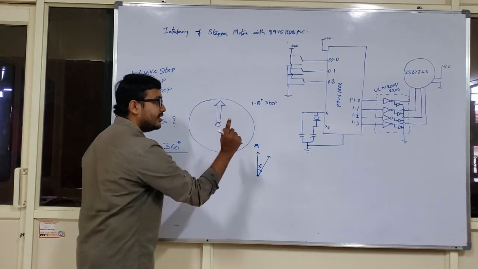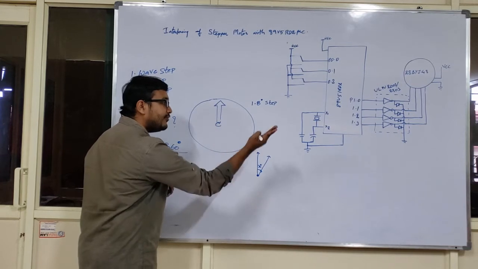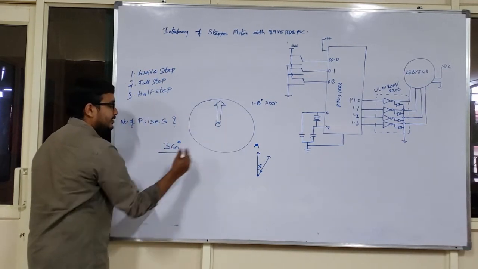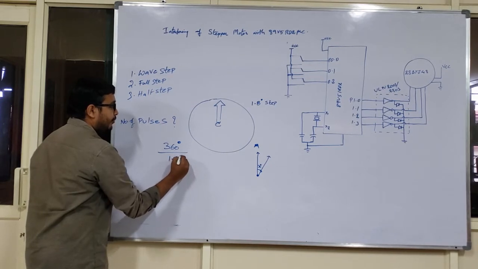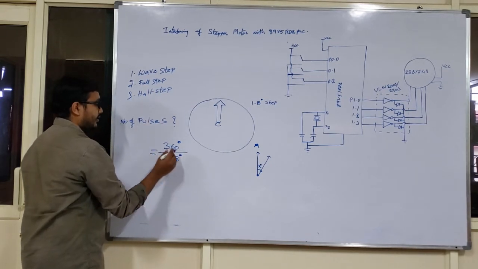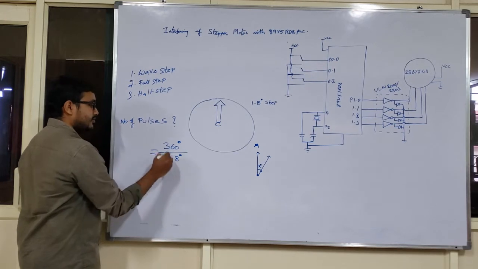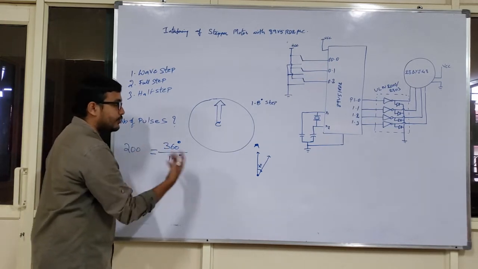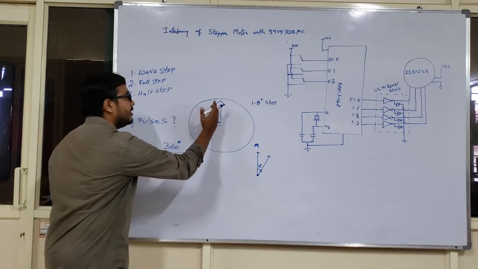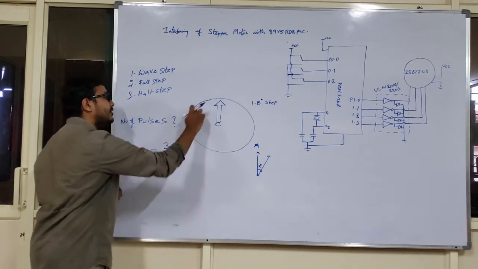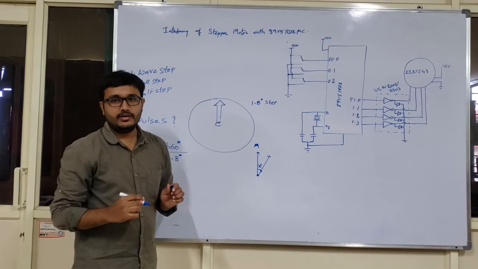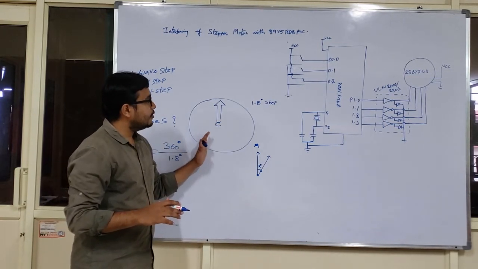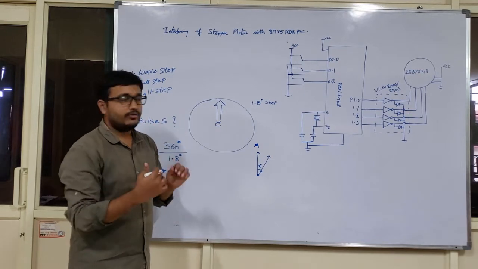Each pulse makes your shaft have one fixed increment. Now, to cover the 360 degrees, how many pulses do I require here? That means 360 by 1.8, which is 200 pulses I require here to make my shaft have a complete 360 degrees of rotation. Understand? Now, based on this, I would like to take this concept forward.